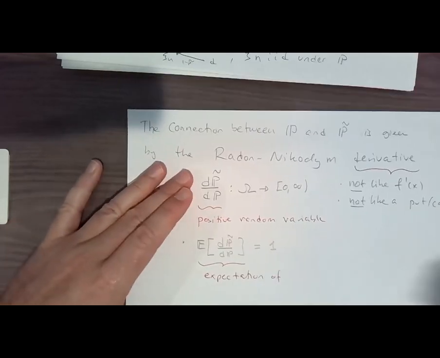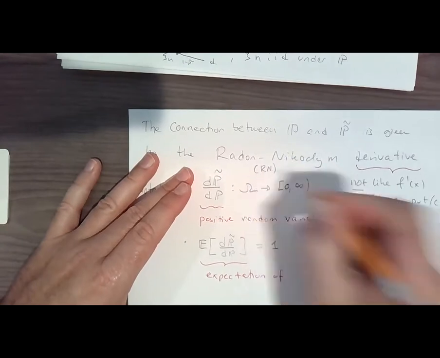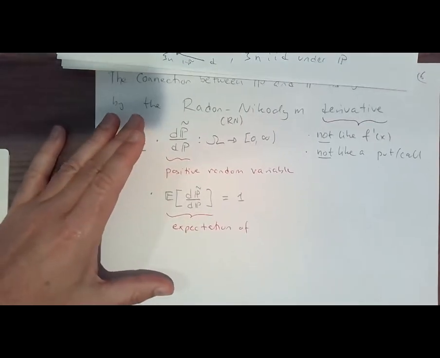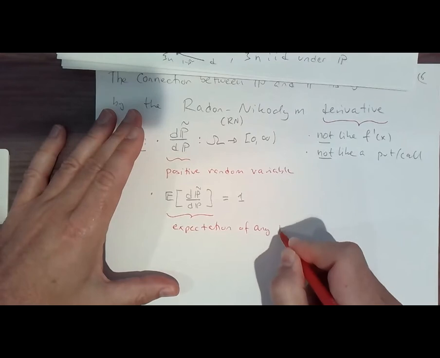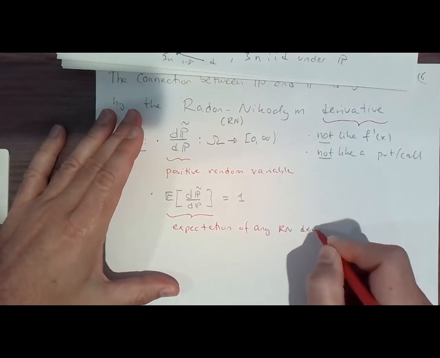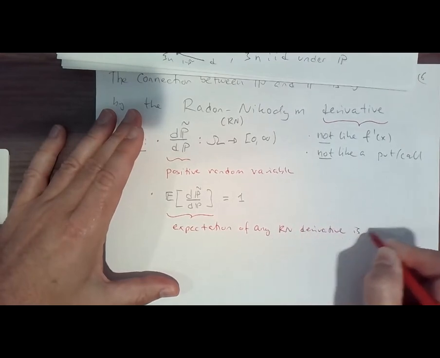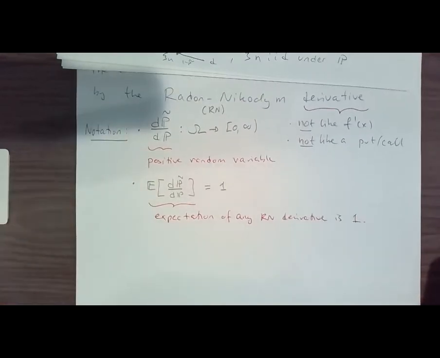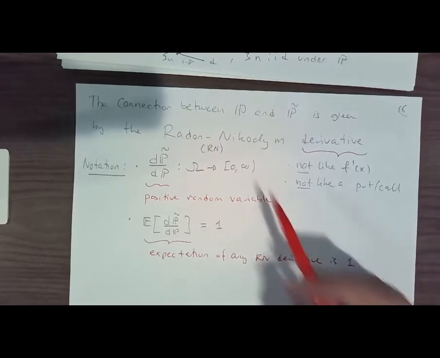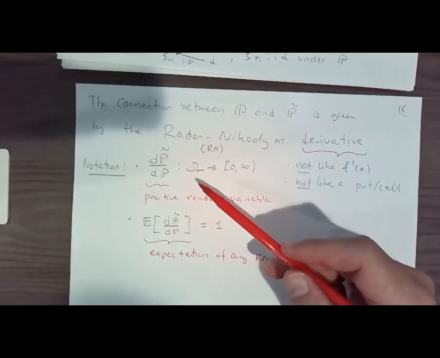This is going to be denoted by Rn. The expectation of any Radon-Nikodym derivative is 1. So the notation is this dP tilde dP.